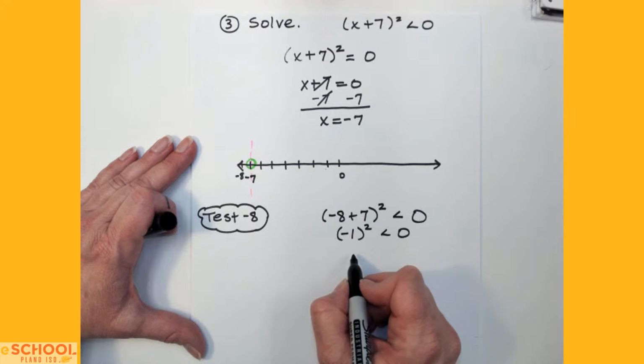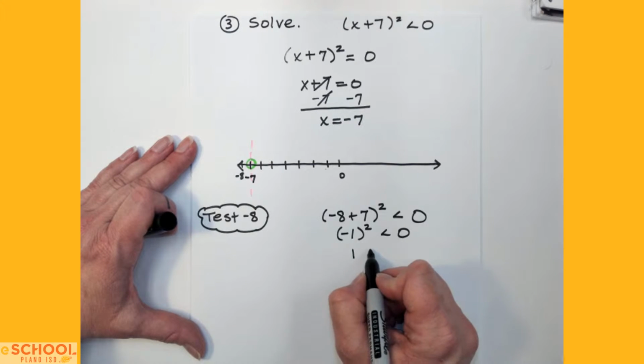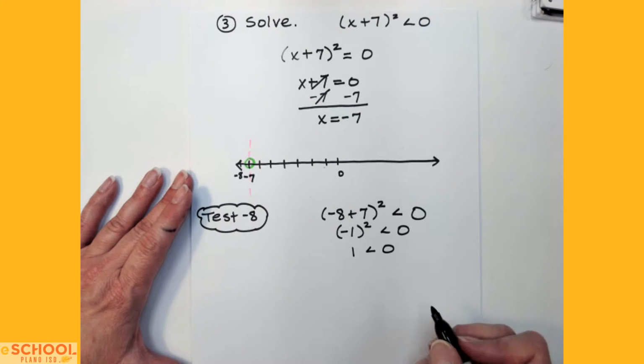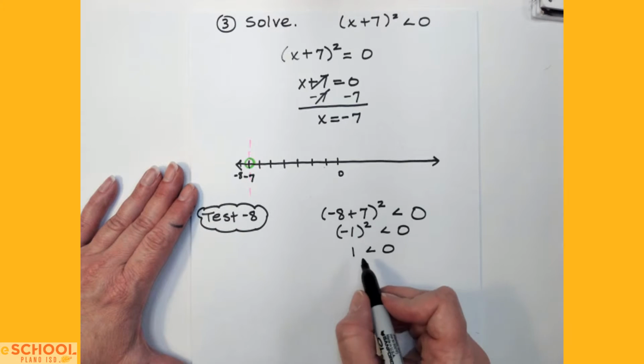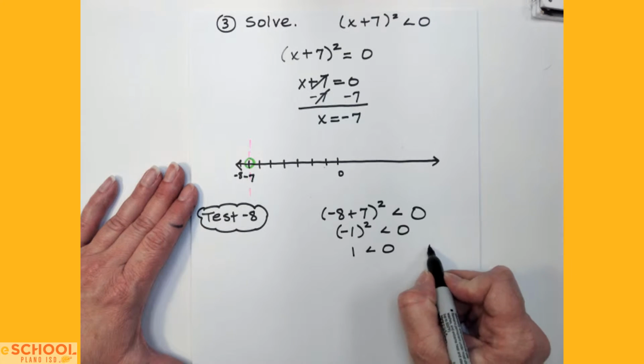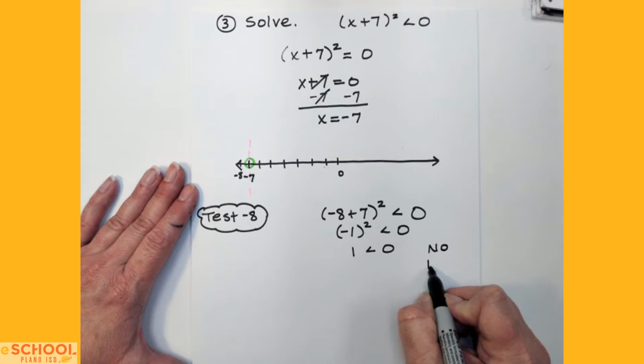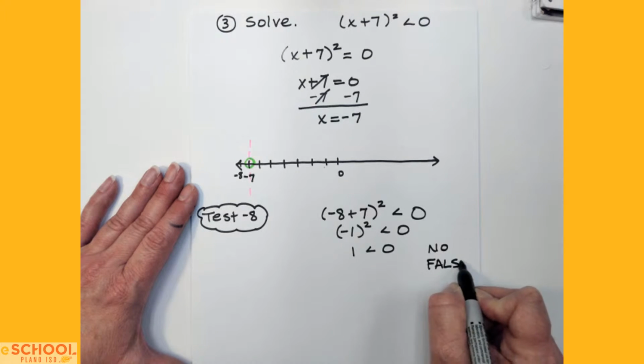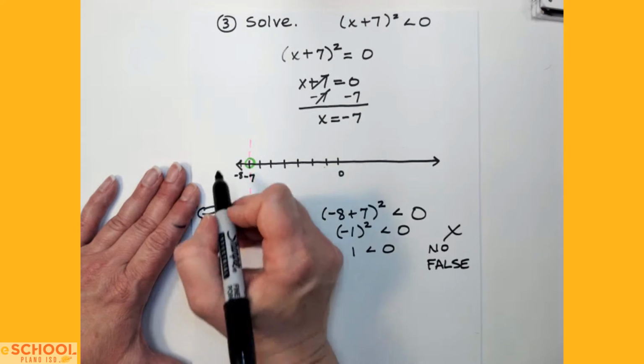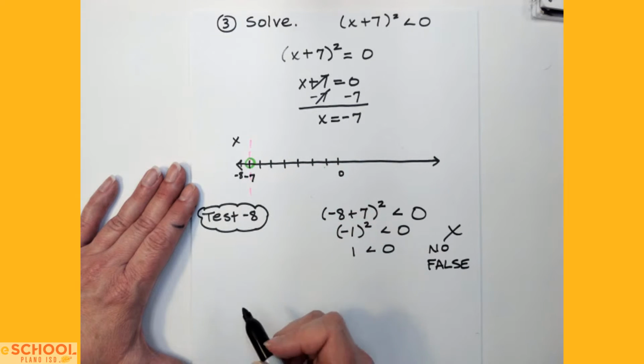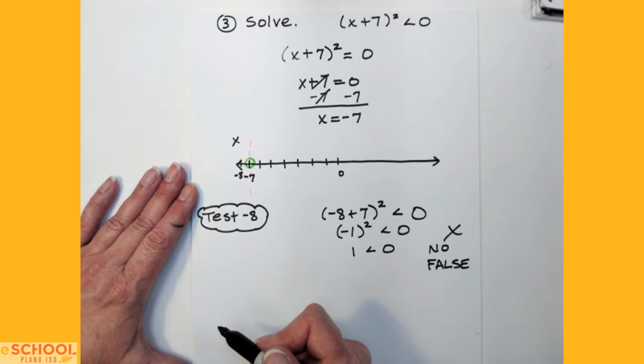So for this one, we have positive 1 is less than 0. So now you have 1, and you're asking, is that less than 0? No, it is not less than 0. So it creates a false statement. So we do not want to include any of the numbers to the left of negative 7.